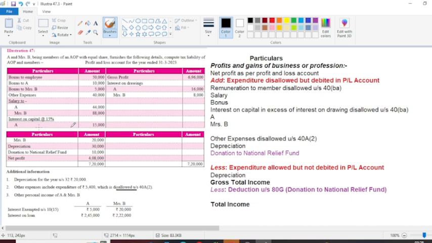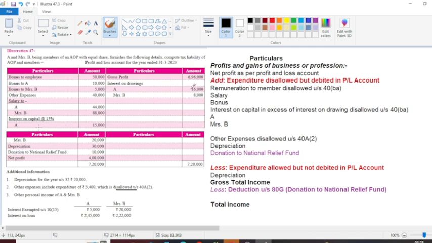Let us take Mr. A. The AOP has paid 15,000 to Mr. A. Since Mr. A is a member of the AOP, he takes some amounts as drawings, and that accrues interest. At the end of the year, the interest paid by Mr. A is 16,000.